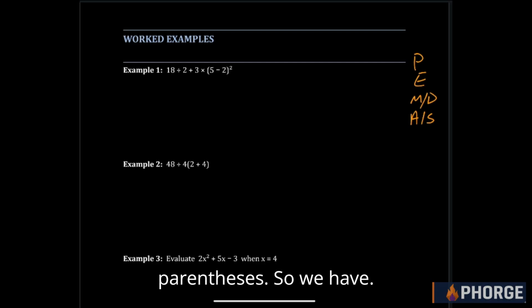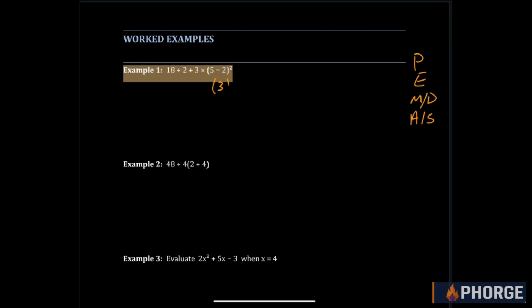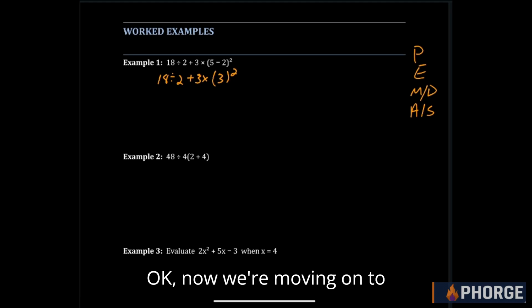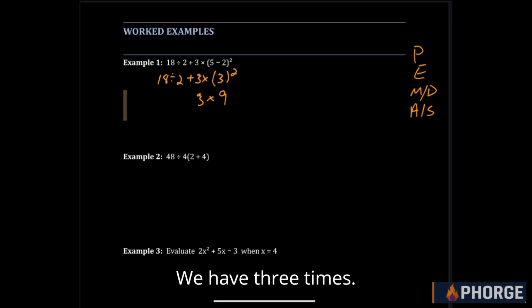So we have 5 minus 2 is 3, squared. Now we're moving on to exponents. 3 squared is 9. We have 3 times 9, 18 divided by 2.